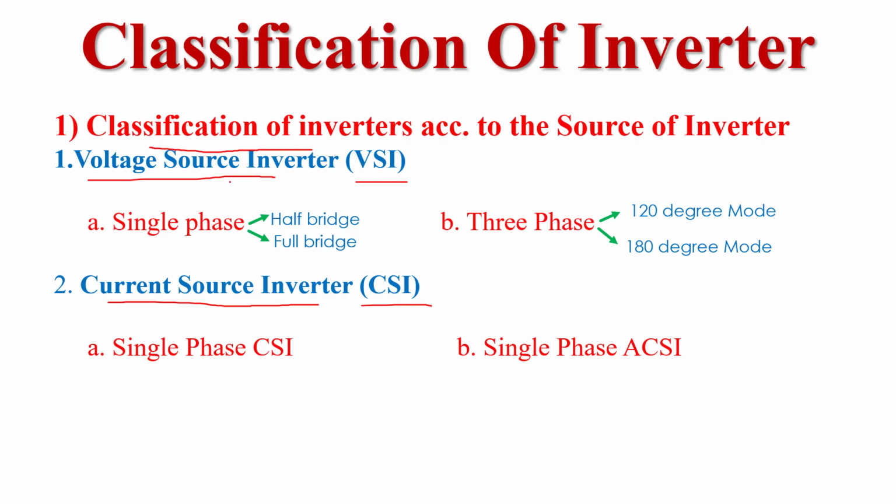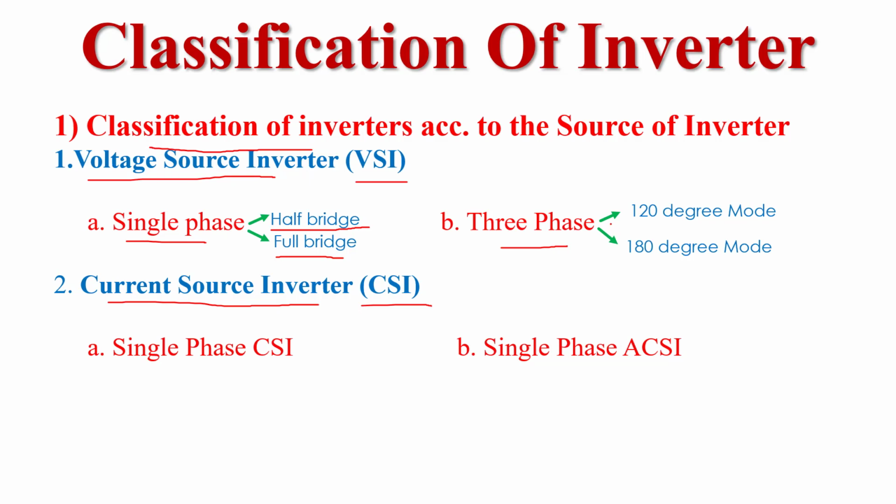So there are basically two major classification of inverter. First is voltage source inverter. Voltage source inverter is further divided into two parts: single phase voltage source inverter or three phase voltage source inverter. Single phase voltage source inverter is further classified into two types: single phase half bridge inverter and single phase full bridge inverter.